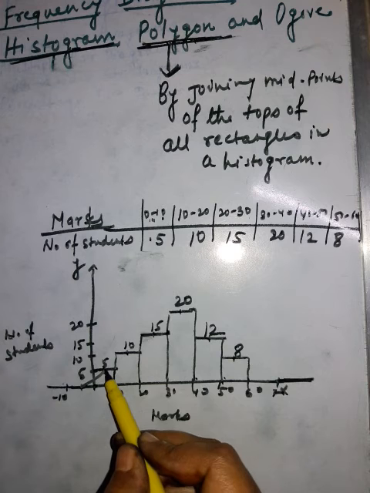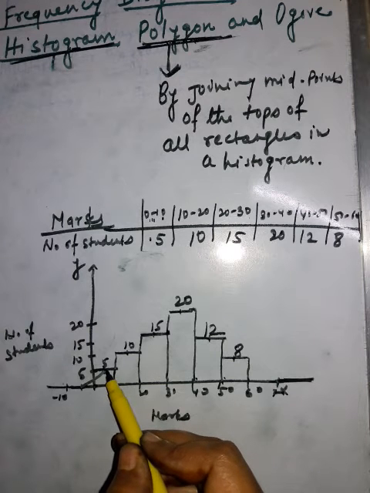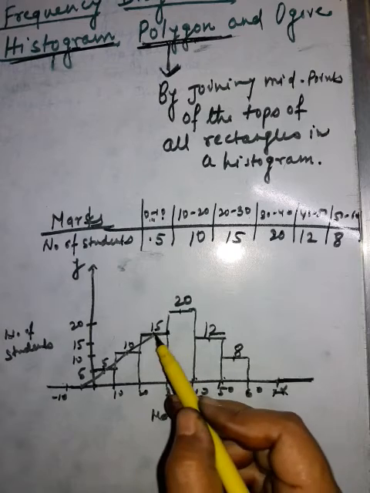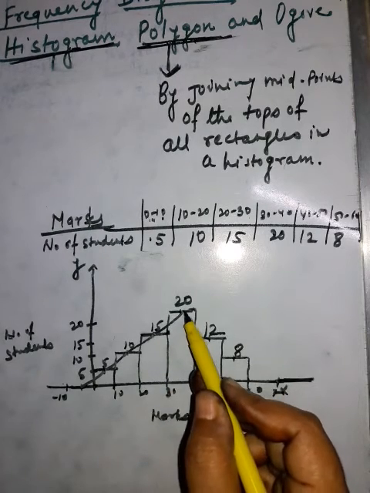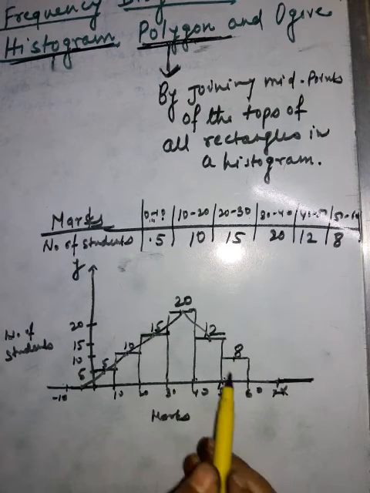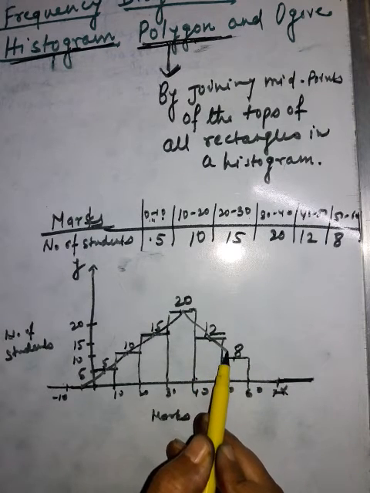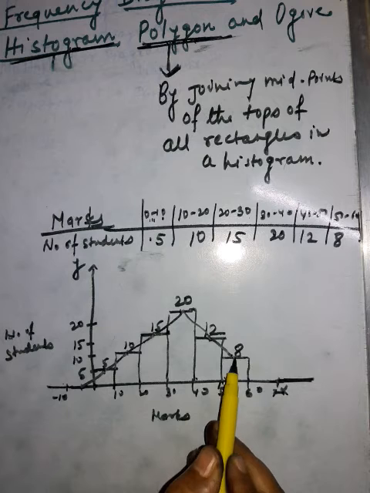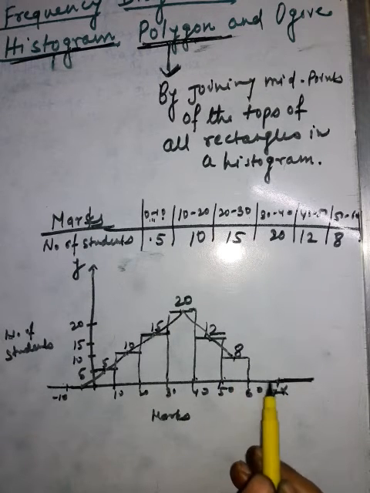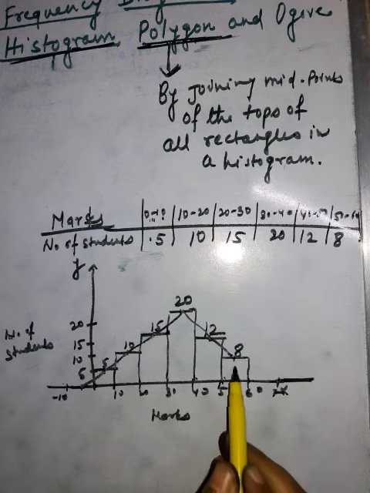Then we have to meet the point of the mid value here, then here, the mid value of every class interval, we have to join with a line with the help of a scale.